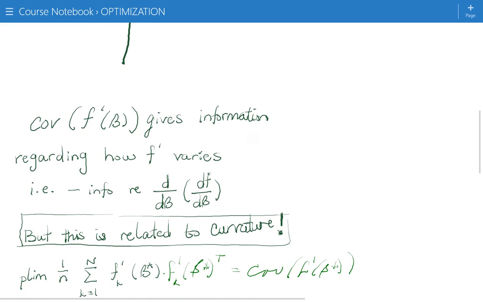Well, this is also true if we look at the covariance of functions other than variables, and in this case we look at covariances of the derivative of the function we are optimizing at a value beta. And this gives information regarding how the derivative itself is varying, which is to say here is the derivative, and we're looking at how that derivative changes with respect to changes in beta.